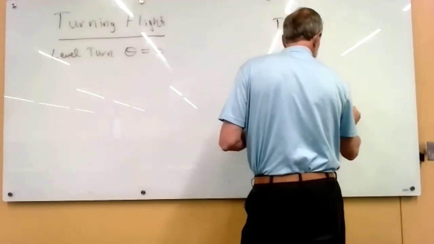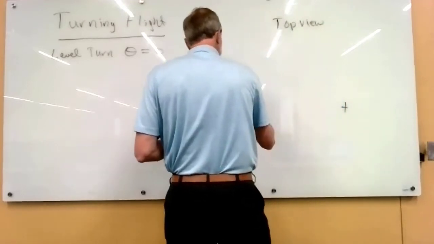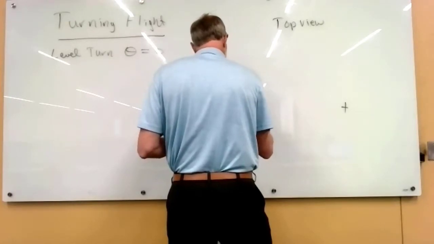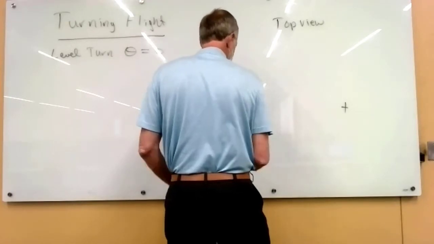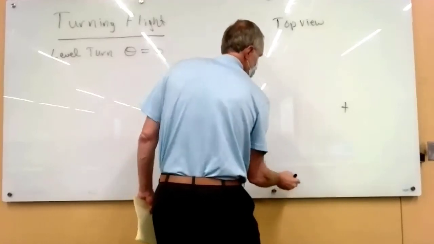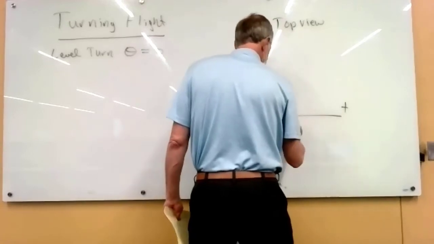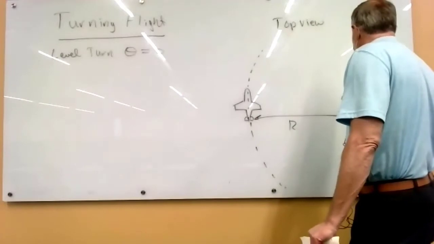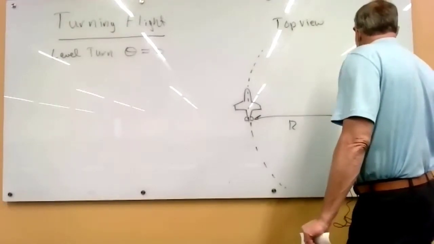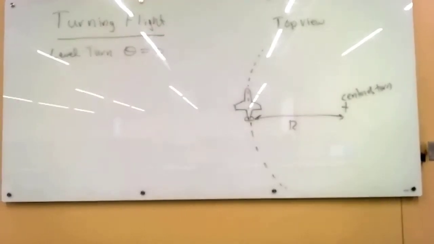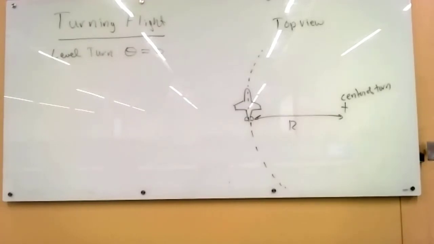Here's the center of the turn, and here's the airplane up here, following a curved path of radius r about the center of curvature. This is an obvious maneuver you need to be able to do, because you need to go from one heading to another heading.